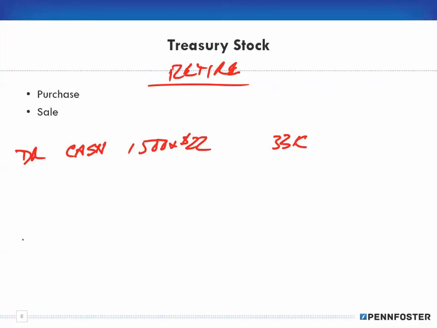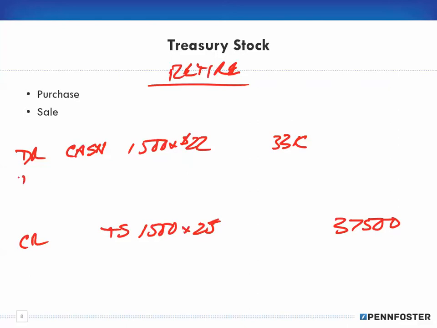We're retiring our treasury stock of 15,000 shares, and that treasury stock was at $25, because we bought it from the marketplace at $25. So we're going to credit our treasury stock for the $37,500.